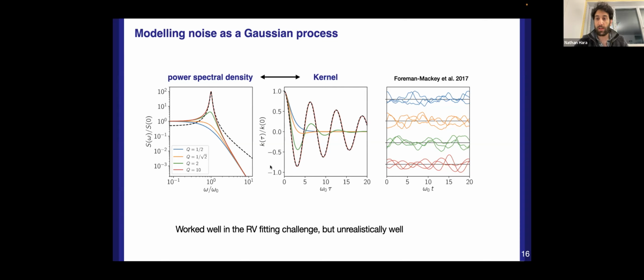A Gaussian process is characterized by its kernel, because we assume the mean of the noise is 0, so we want to compute its autocorrelation, its kernel. Characterizing the kernel is equivalent to characterizing the power spectral density, the squared modulus of the Fourier transform.